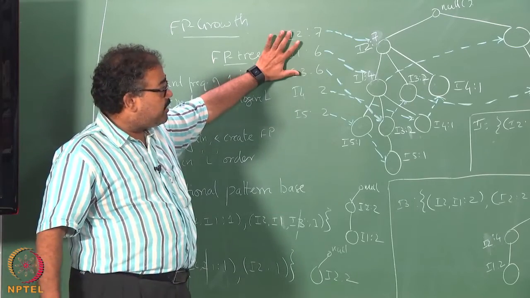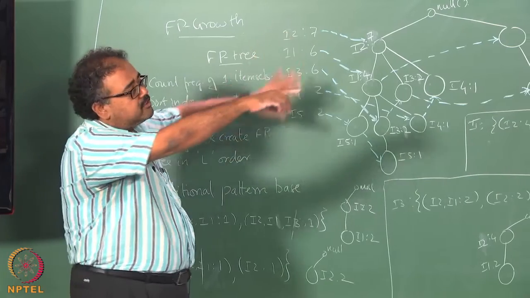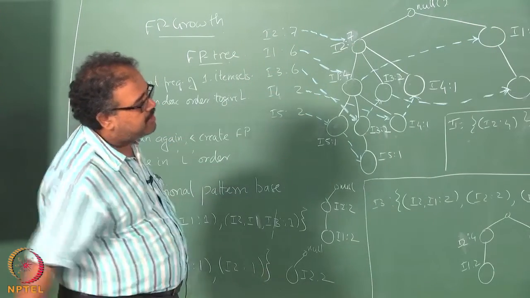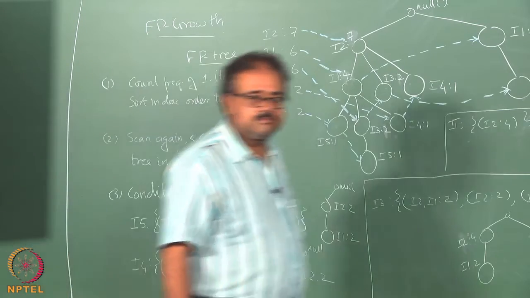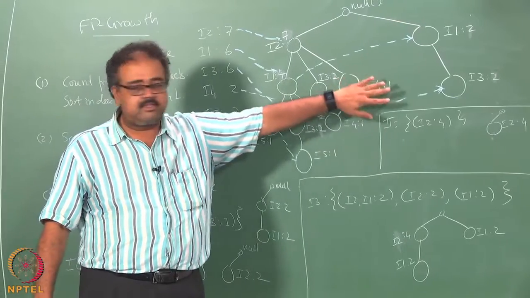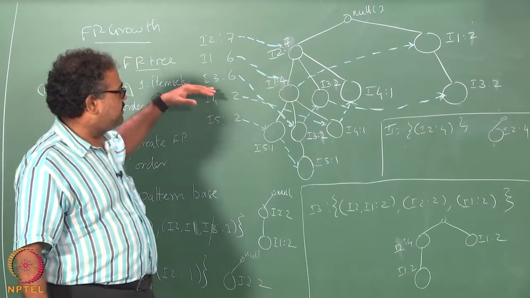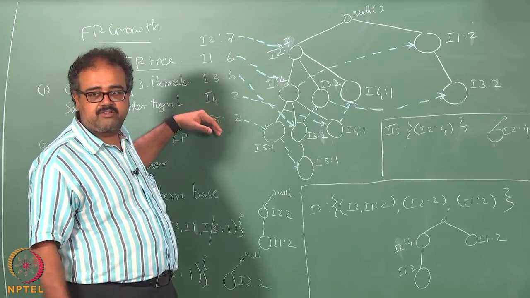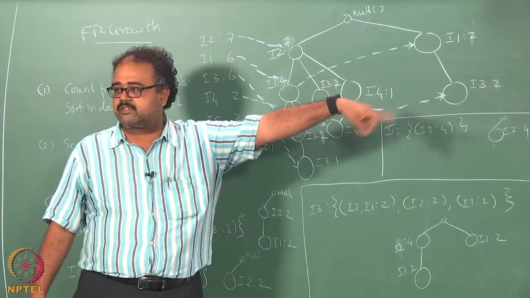So if you start off with only 3 entries in this table, when you construct the FP tree itself, you leave out I5 and I4 from the transactions. So these I5, I4 entries will not even be made. If some things get dropped out because the one item set is not frequent, I will delete them from the transaction order also.